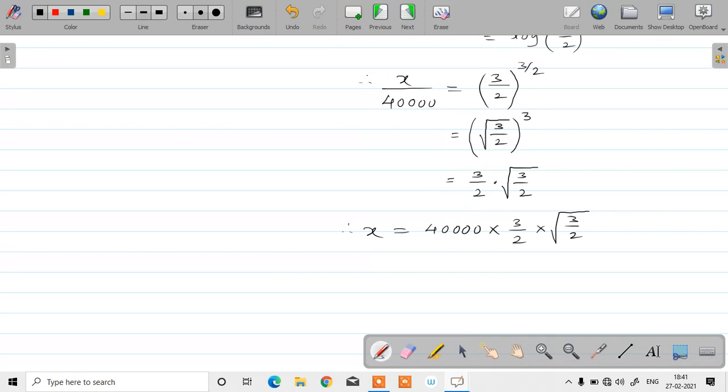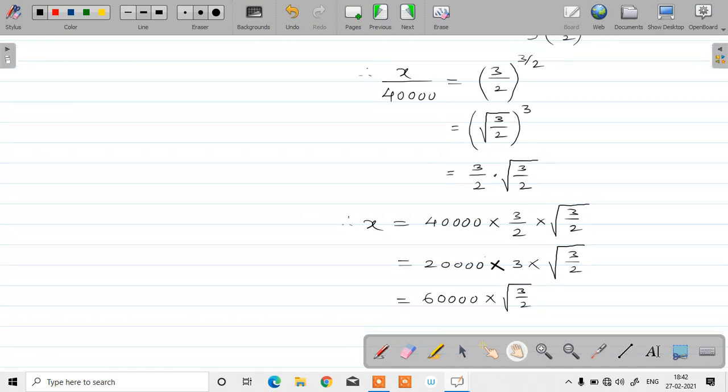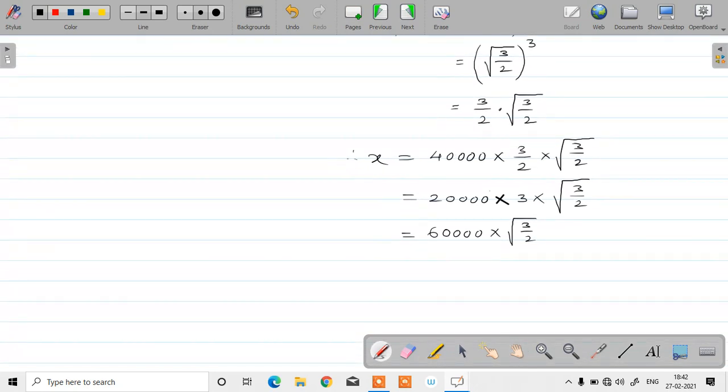So just divide by 2 here, then you will get 20,000 into 3 into root of 3 by 2. That means 20,000 into 3 means 60,000 into root of 3 by 2. Now the value of root of 3 by 2 is given to you, so it will be 60,000 into 1.2247.